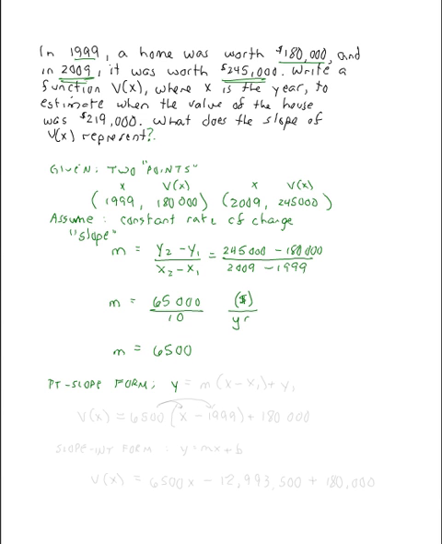The general form for the point-slope form, we could use y is equal to m times x minus x1 plus our initial value for y1. So we want a function v of x. Our v of x now is equal to our slope, 6,500, times, for x1 and y1, I'm going to use the initial values of the house. So x was the year 1999, y, the value at the time, $180,000.